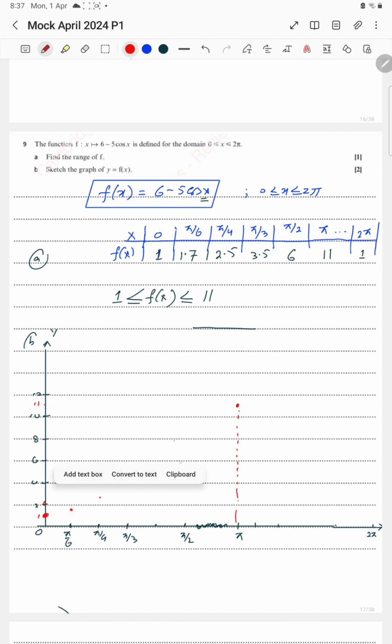Pi by 2 is 6, so it will be here, and the curve goes from here to 2 pi, like this. I hope it is clear. So this is the answer for the graph.